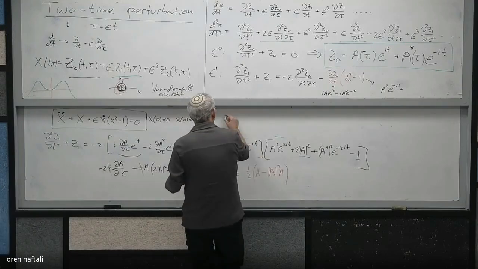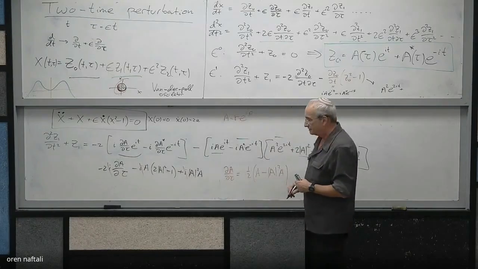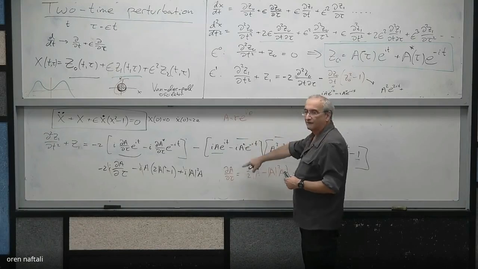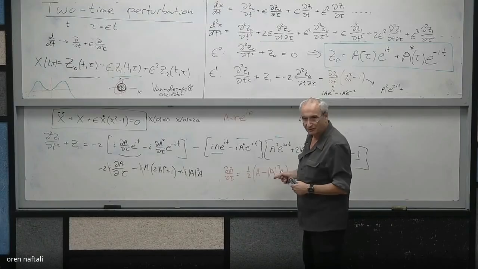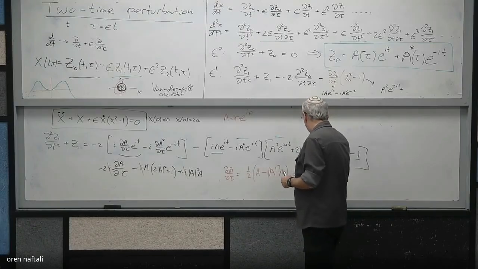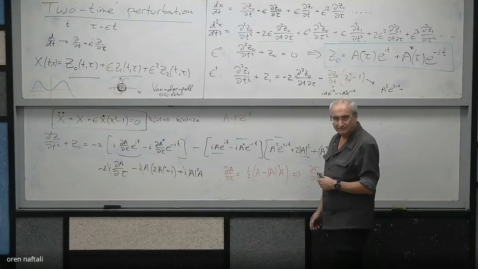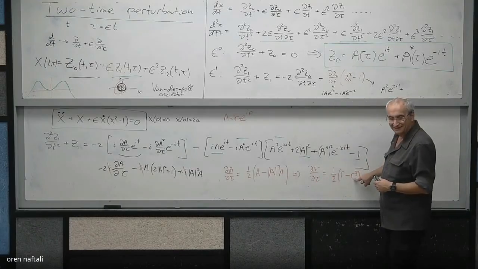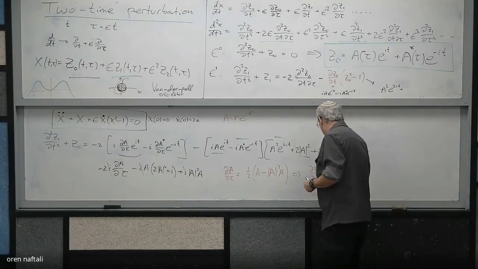And now, if I write again A as R e to the i theta, both R and theta depend on tau. What I will have here is, so you see that the theta dot term must vanish, so theta must be constant because everything is real. And we have R dot tau is 1/2 R minus R cubed. Which is good. You see, it implies that it grows at the beginning and then it saturates. And theta dot is 0.